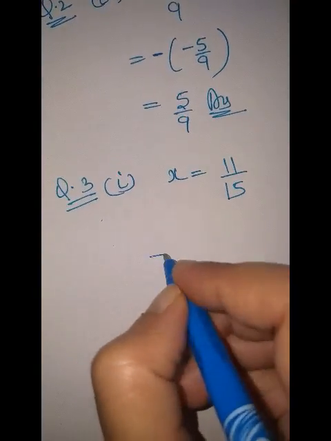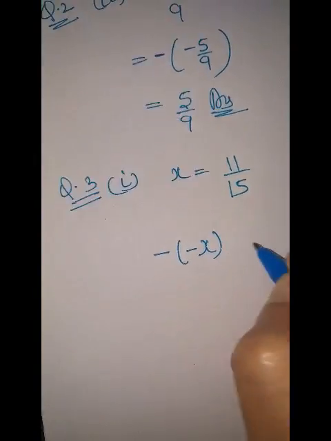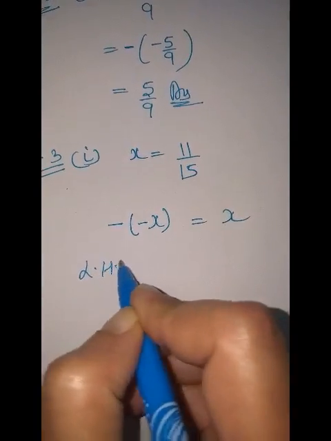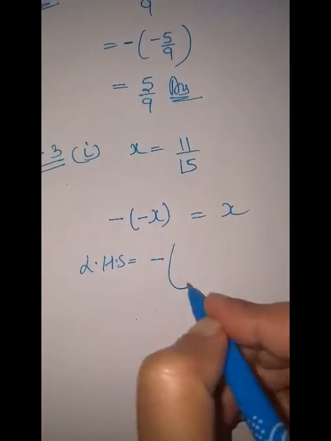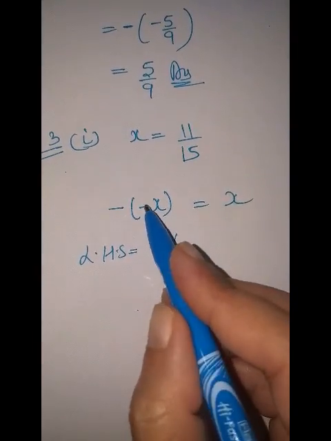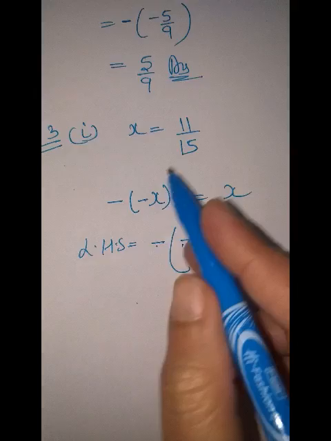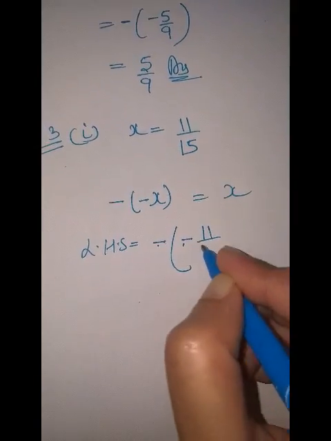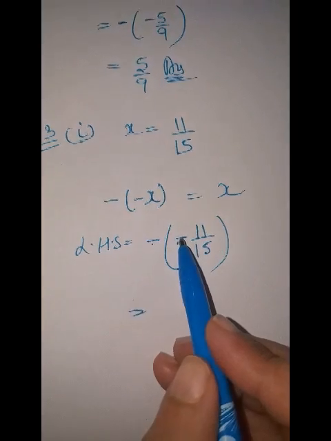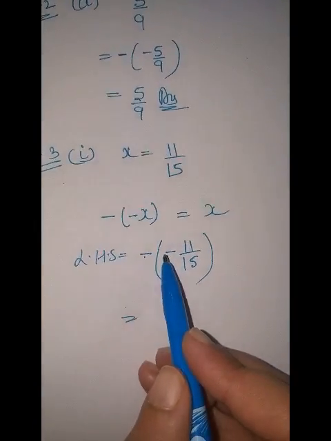So they are saying minus of minus x is equal to x. So we are taking left hand side. Minus we will first, this minus will be out of bracket. Now this minus inside the bracket, and the value of x is 11 by 15. Minus multiply by minus becomes plus.